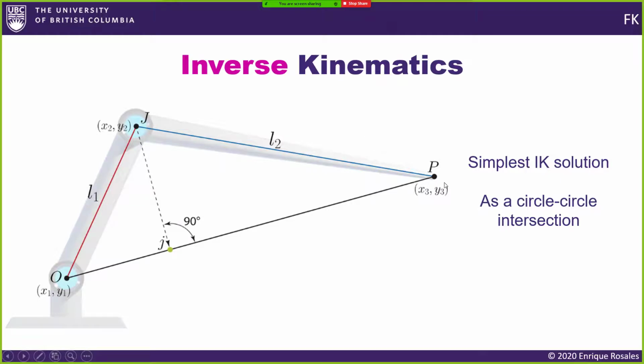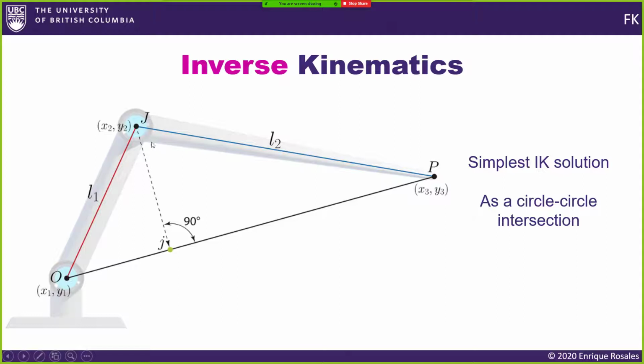The easiest way to compute that, again, is seeing this as the intersection between two circles. And one way to actually solve that problem is to compute this point J. This point here is the intersection between these two circles. Remember, L1 is a circle which has its origin here.